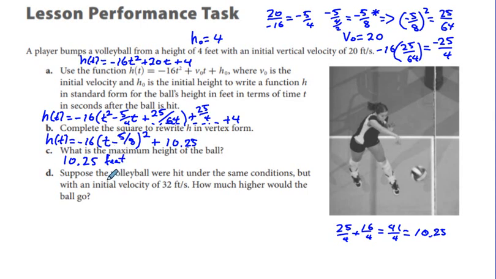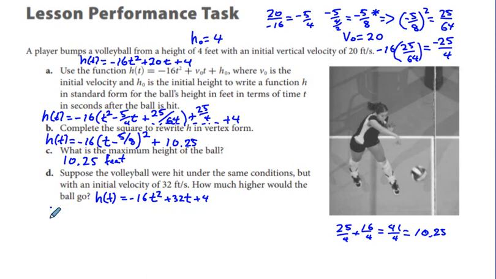Okay, and finally, in part D, suppose the volleyball were hit under the same conditions but with an initial velocity of 32 feet per second. How much higher would the ball go? For this one, h of t is equal to negative 16 t squared plus 32t plus 4, so let's convert that to vertex form.